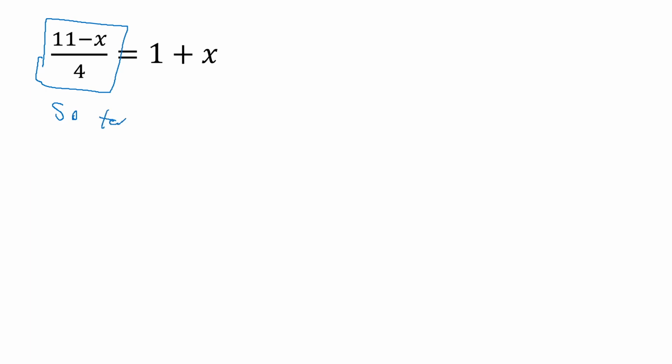So take it out the fraction. How are we going to take it out the fraction? Well, in this equation, we are dividing by 4, right? So all we're going to do is multiply by 4 on both sides.